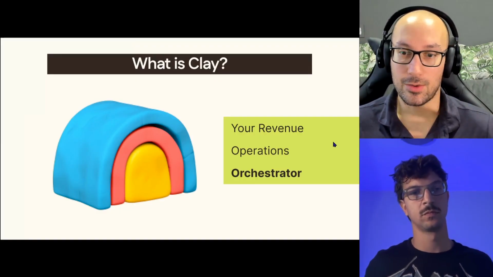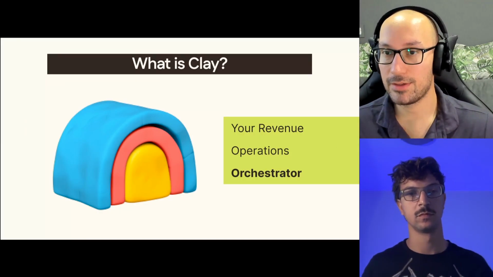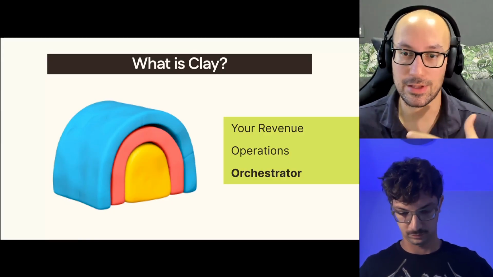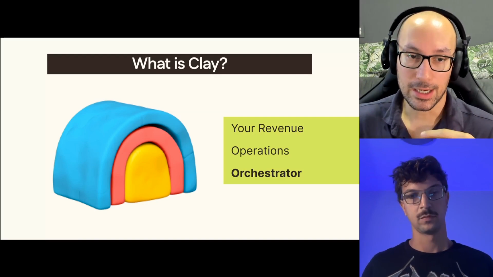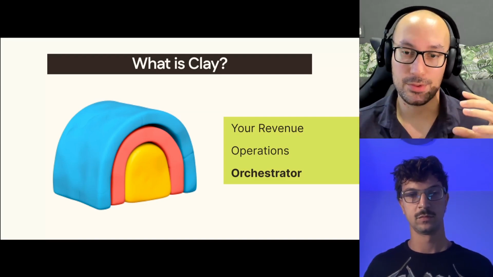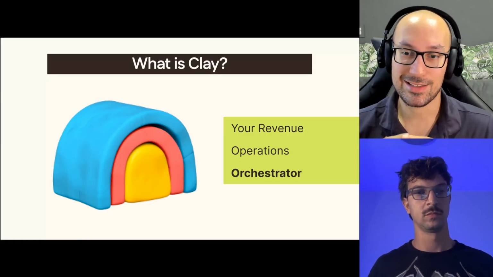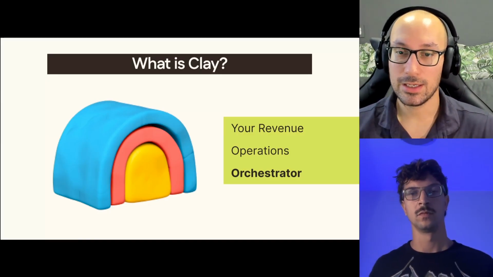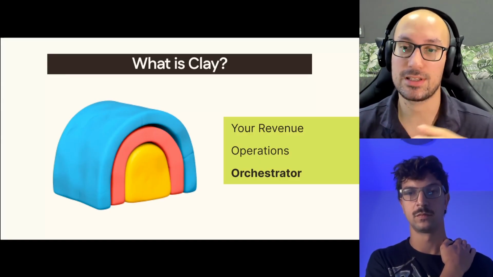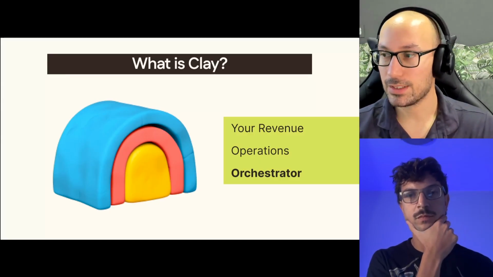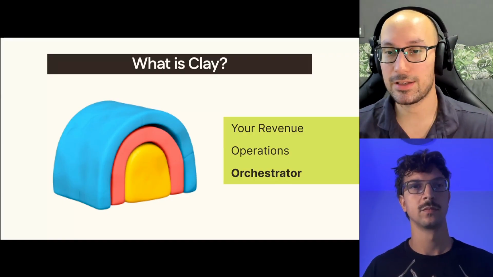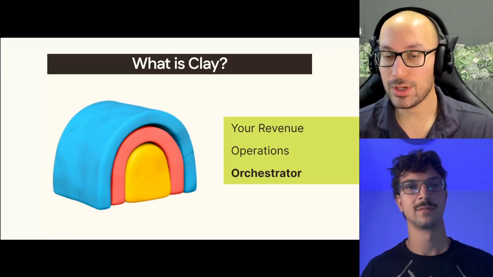So why Clay, or what is Clay actually? If you haven't used the tool before, or it's the first time that you heard about it, Clay is a revenue operation orchestrator. So it will help you to connect many tools inside the same system so you can automatically qualify leads, create messages, drive them to different sequences, being able to create messages that are fully personalized to each lead, situation, moment, and trigger.